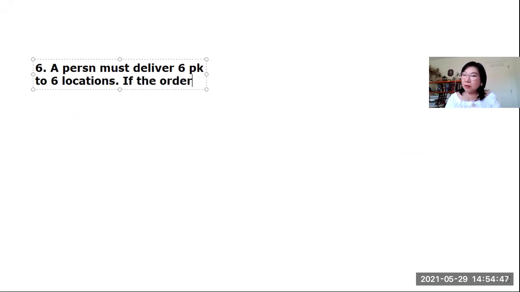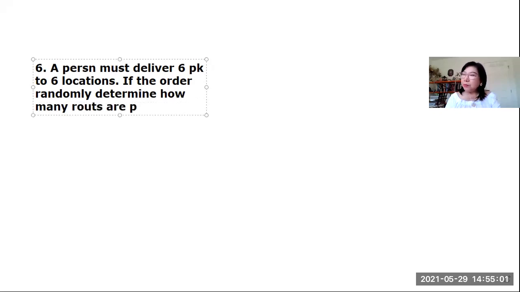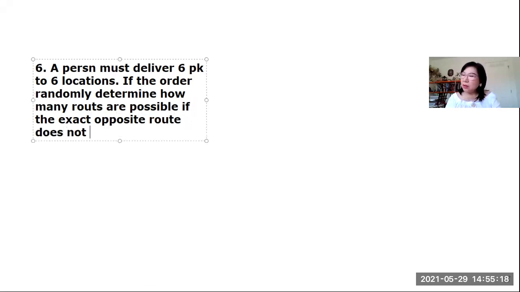If the order is randomly determined, how many routes are possible, if the exact opposite route does not count as a different route.